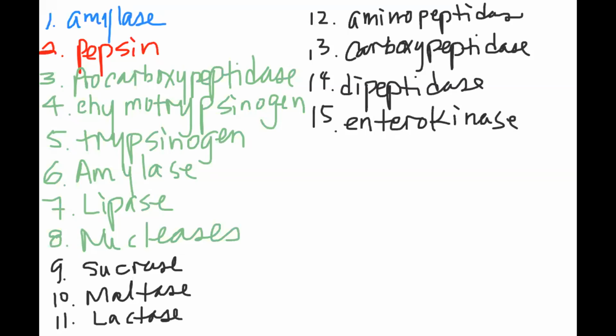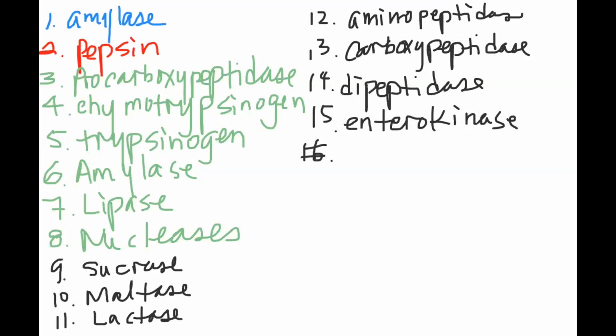So those are the enzymes from the brush border part. Any other small intestine enzymes? Did I forget anything? No. All right, change the color again. So these are the major enzymes I want you to know.